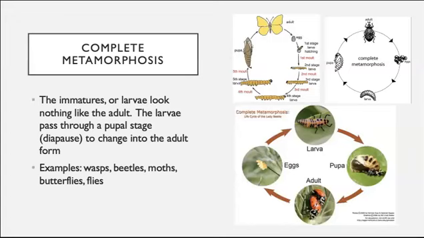And this life stage is often the least desirable with respect to targeted pest management because, again, the adults usually have wings, they can move around, they have typically more structural defenses on their body, which makes adult insects more difficult to manage.